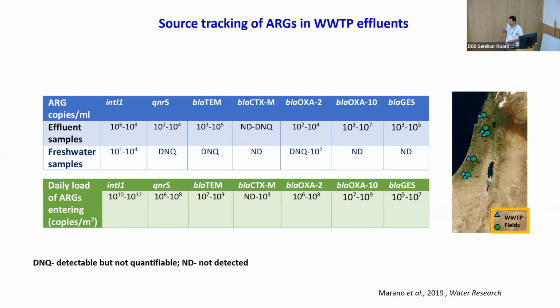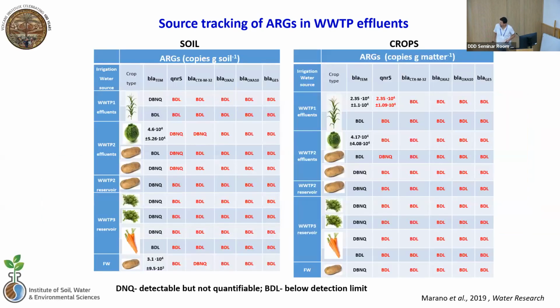This is a graphical summary of these measurements. We can see all of the soil here, and these are the crops being grown in these soils. In most of the situations we analyzed, for most of the crops and the soil, the gene levels were either detectable but not quantifiable or below detection limits.